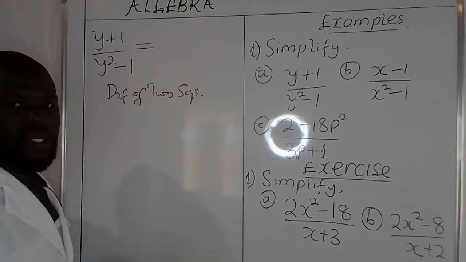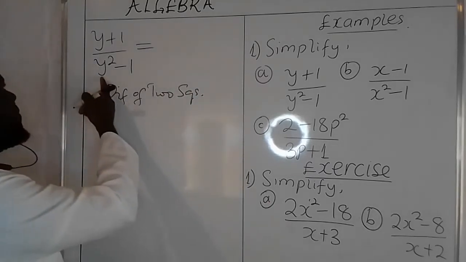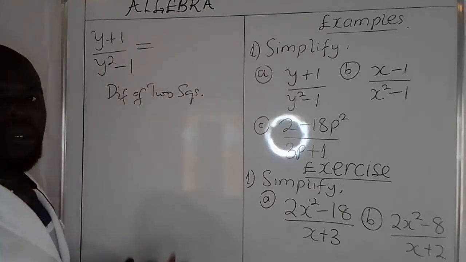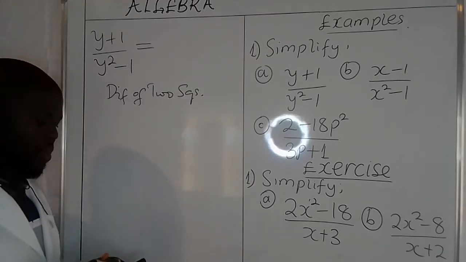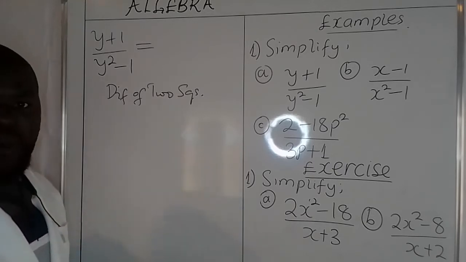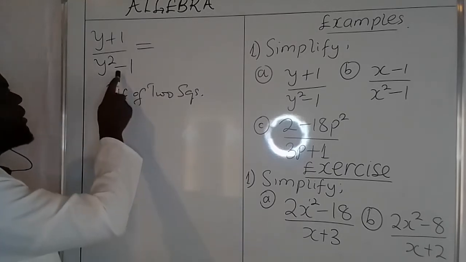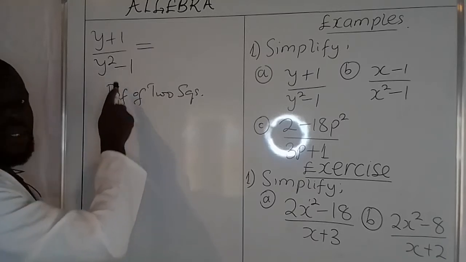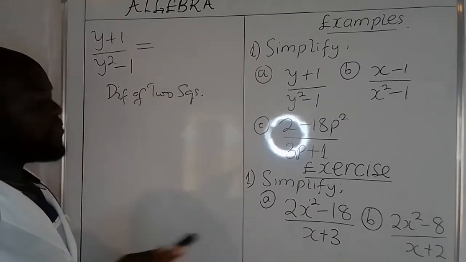squares. So when you look at the denominator, y square minus 1, this expression is a special one called the difference of two squares. It is a difference of two squares because, as you can see, difference is in subtraction and we are subtracting squares.